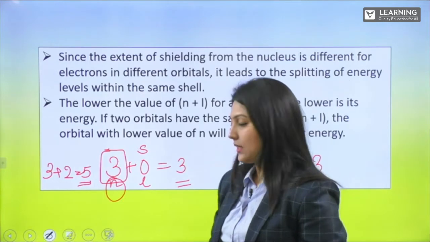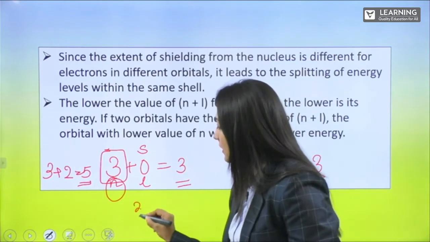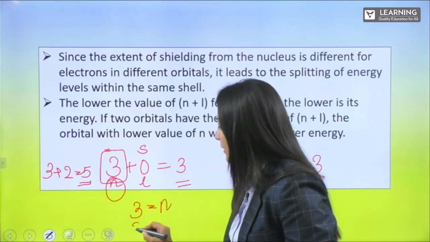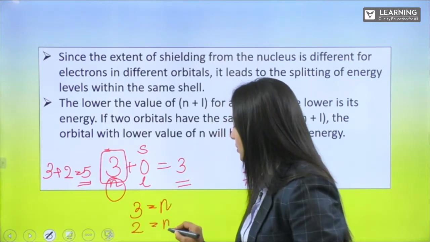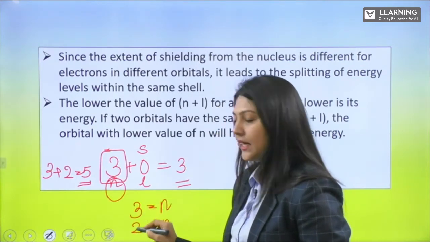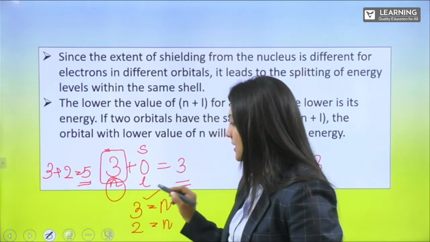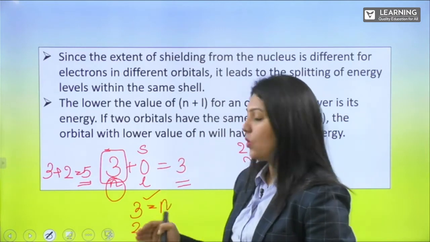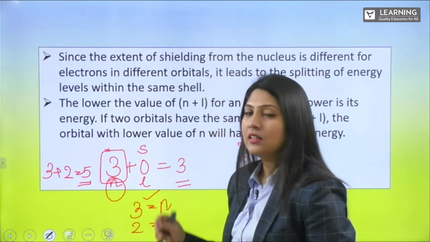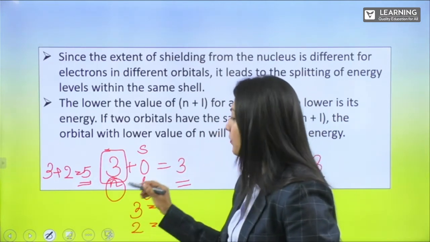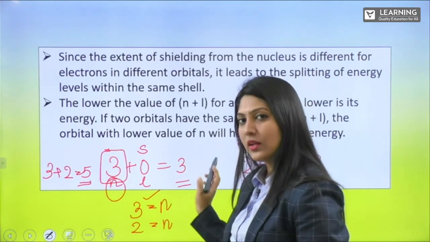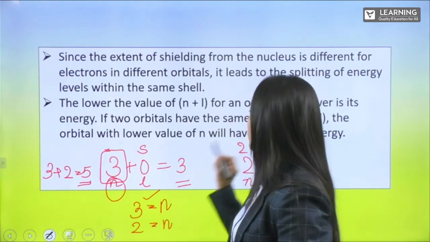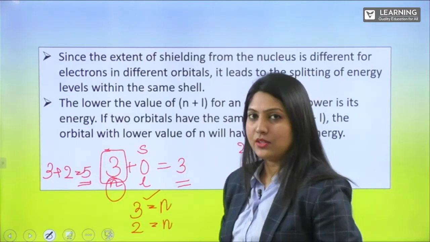If n equals 3 here and n equals 2 there, which is greater? n equals 3 is greater, so that will have the higher energy. If you have similar n plus l values, the one with the lesser n value will have the lower energy.